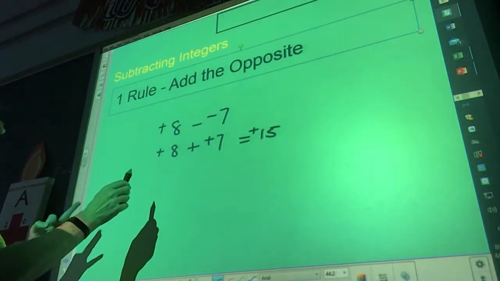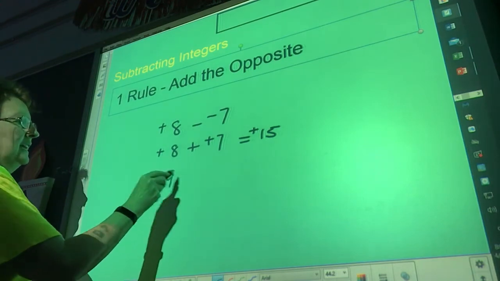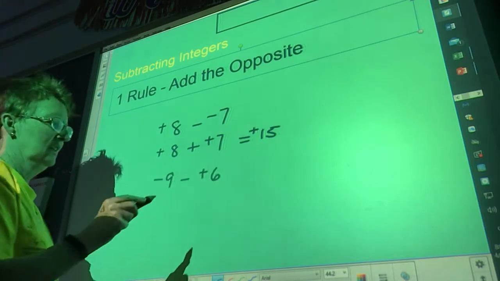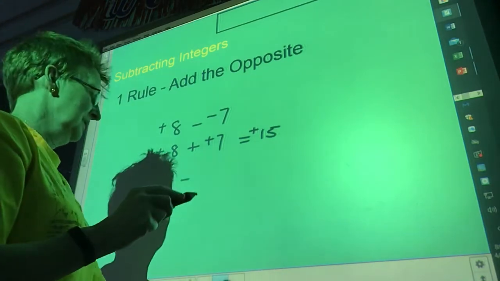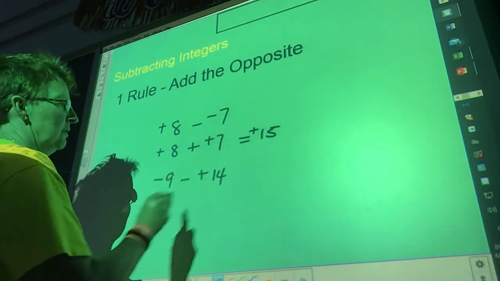Okay, let's do one more. I have a negative 9 and I'm subtracting a positive 6. Oh, let's not use 6, that's going to be the same thing. Let's do a positive 14. We'll go with a bigger number.